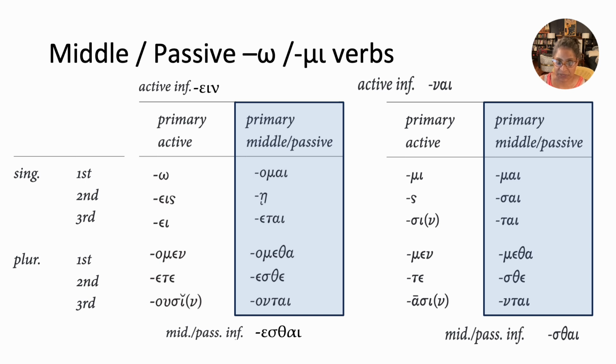The only real difference is the second person, where the omega verbs have -a and the mi verbs have -sai. But we'll see that this is actually something that's the same.